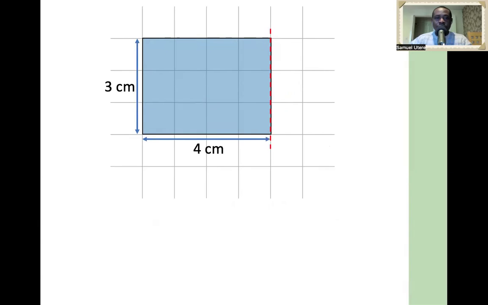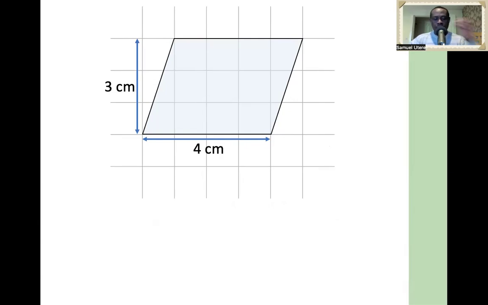So the area is 12 centimeters squared. But imagine if we put it back to where it was, you would notice something interesting. The height is still 3 centimeters and the base, that's what we call it for a parallelogram, is 4 centimeters.